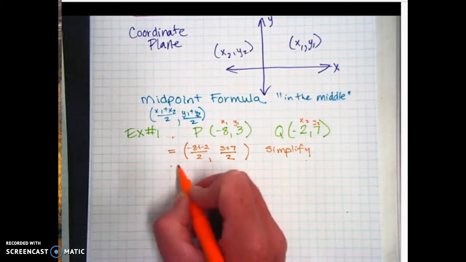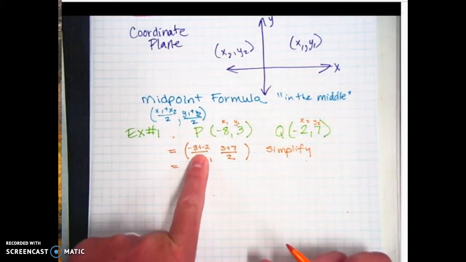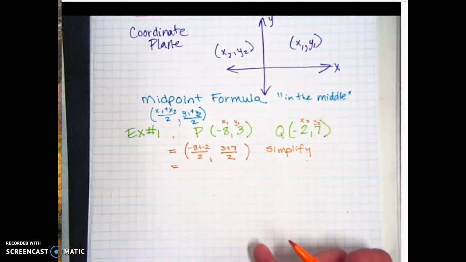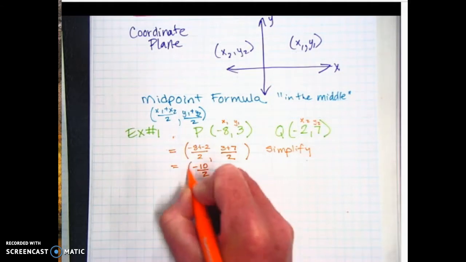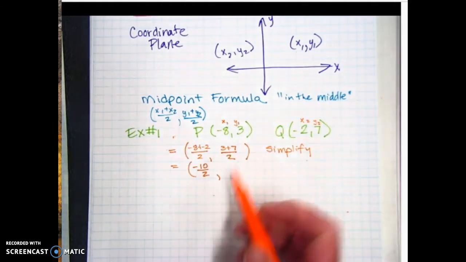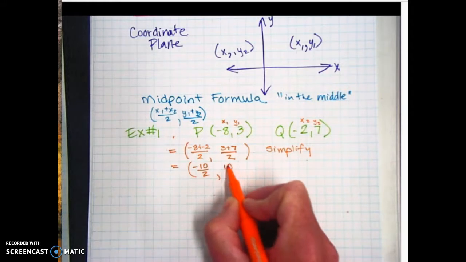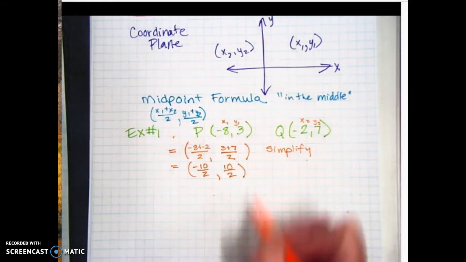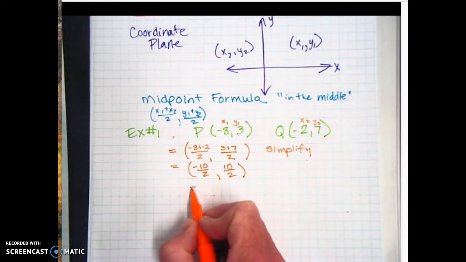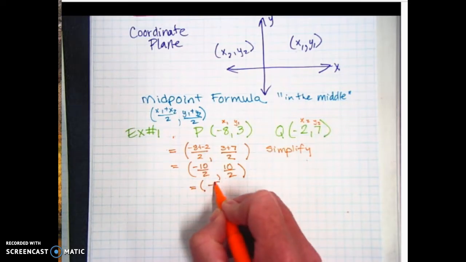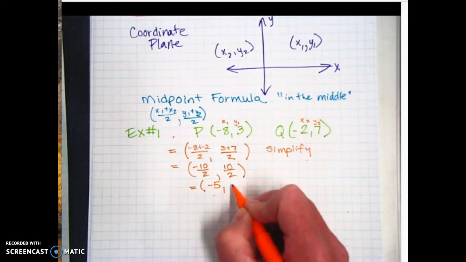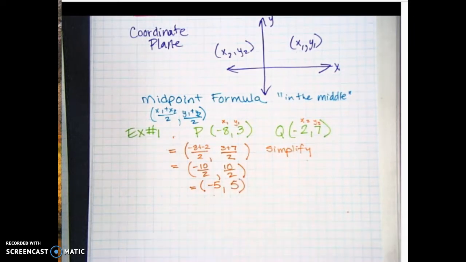Okay, so if you have a calculator, you can add the -8 plus the -2. You should get -10. Then you can add 3 plus 7, which is +10. And then the last step, you just do -10 divided by 2, which is -5. +10 divided by 2, which is +5.